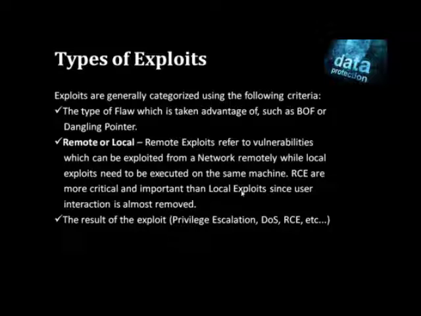Remote exploits refer to vulnerabilities which can be exploited from a network remotely, while local exploits need to be executed on the same machine. RCE are more important and critical than local exploits since user interaction is almost removed. Another criterion is the result of the exploit, some of the examples being denial of service and remote command execution.